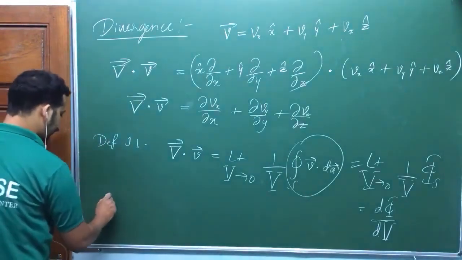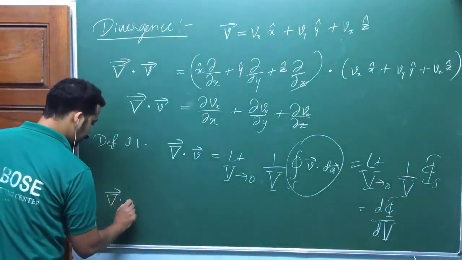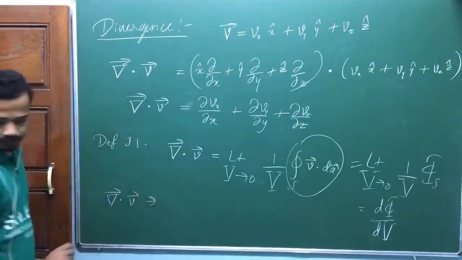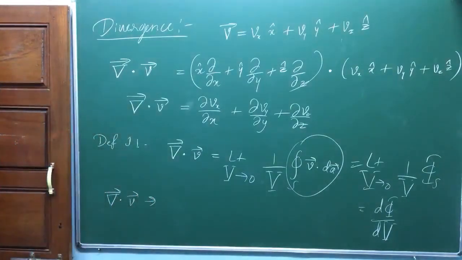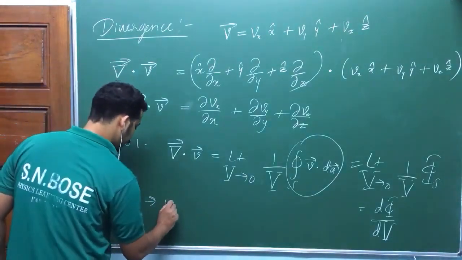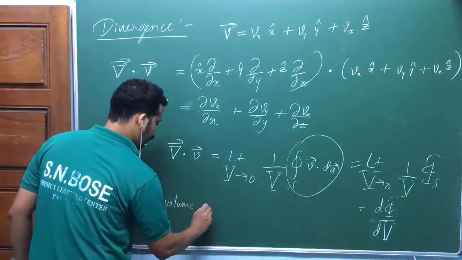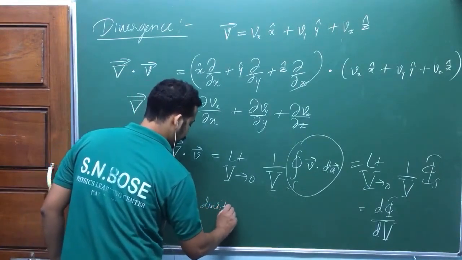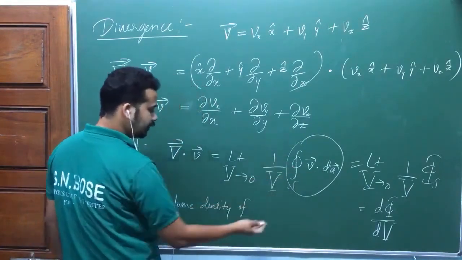So del dot V is the volume density of outward flux. It's a kind of density of flux, am I right?